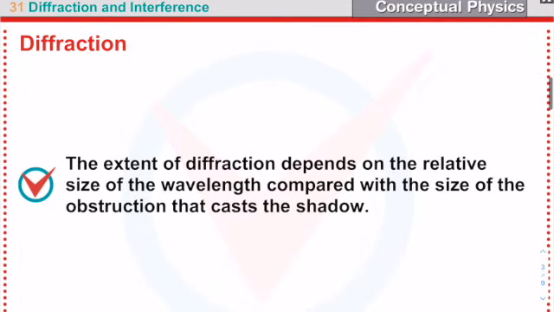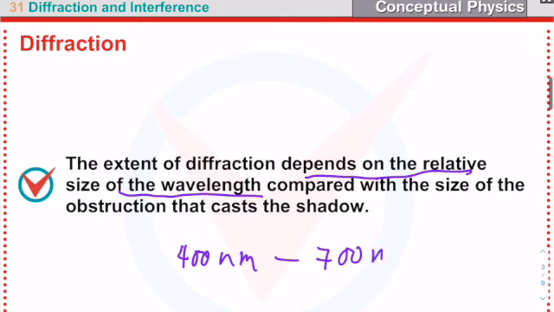And the diffraction, how come we don't see it all the time? Well, diffraction depends on the relative size of the wavelength. We all know that visible light is between 400 nanometers and 700 nanometers, which means these are very small.